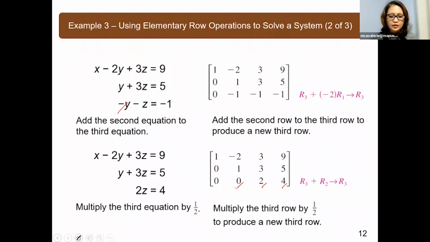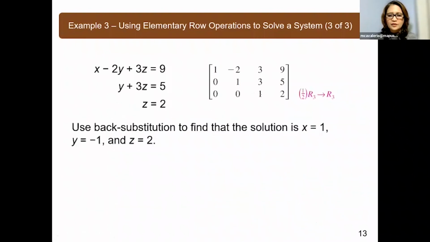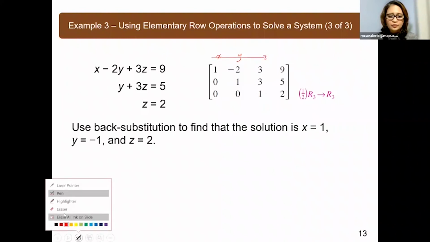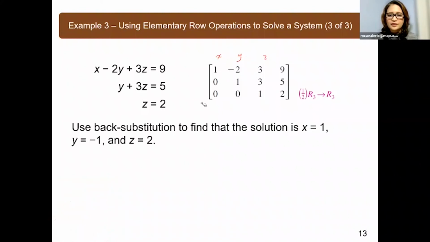So we can check it on the next slide. So we have here 1, 2, and then we apply back substitution. So notice that in the augmented matrix, it is understood that all the entries in column 1 are the coefficients of x, the entries in column 2 are the coefficients of y, and the entries in column 3 are the coefficients of z. And we also know that the last column are the constants.